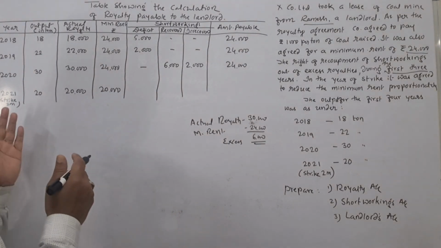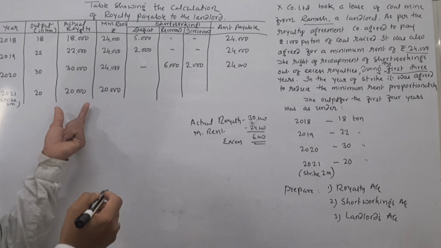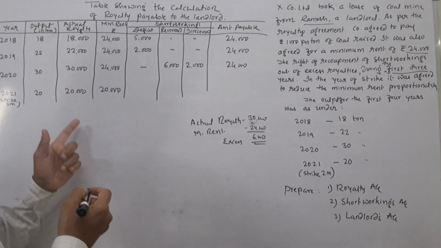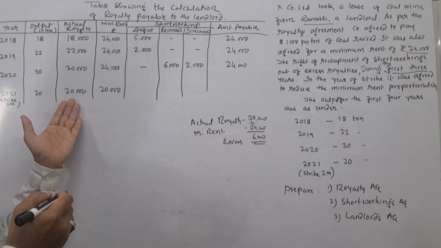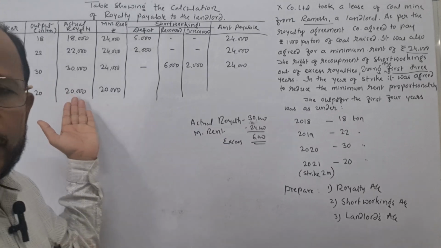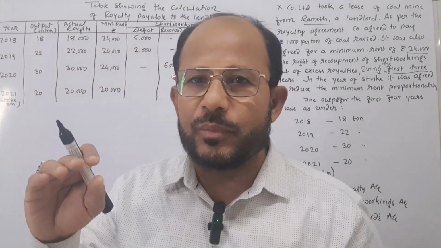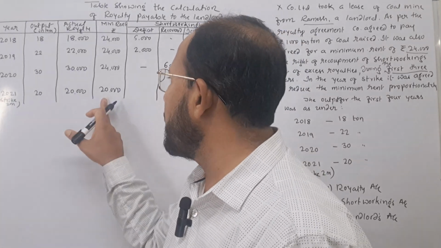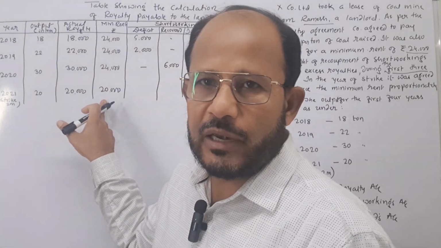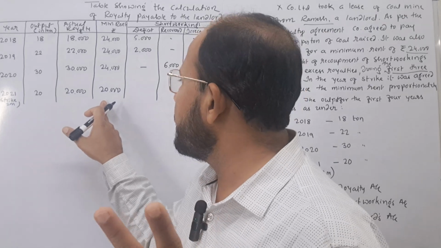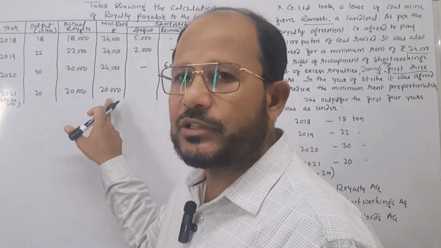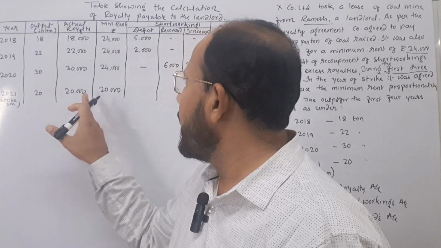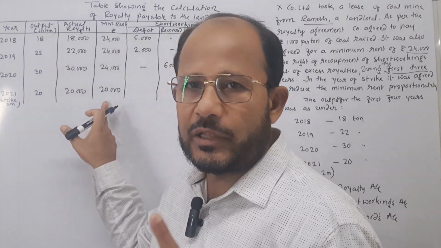Okay, come to the year 2021. Here, the question of deficit doesn't arise. Why? Because actual royalty is 20,000 and minimum rent is 20,000. I told you that minimum rent in this problem is to be reduced proportionately. There is a 2 months strike, because of which 4,000 is deducted from the minimum rent, and minimum rent comes to rupees 20,000.